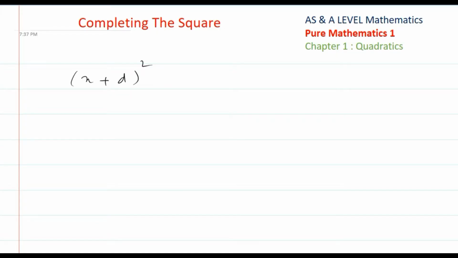Hi friends, welcome to Sara Pakistan and you are watching this video about completing the square. Guys, if you have an expression like x plus d whole square, you can write it as x square plus 2dx plus d square.